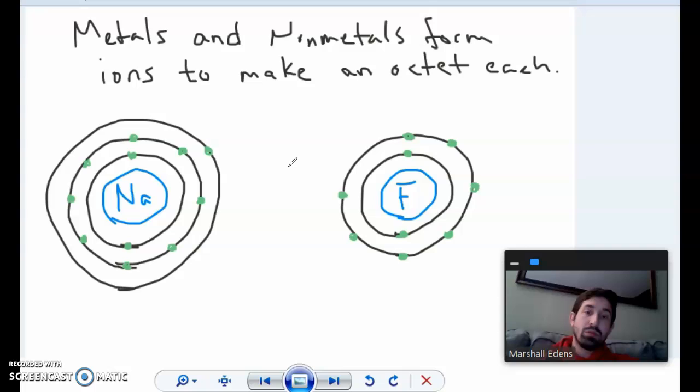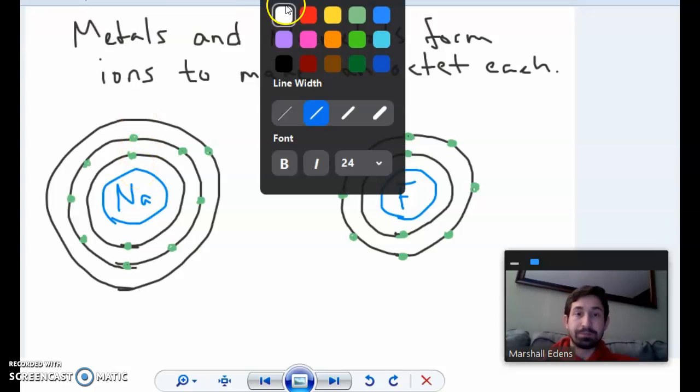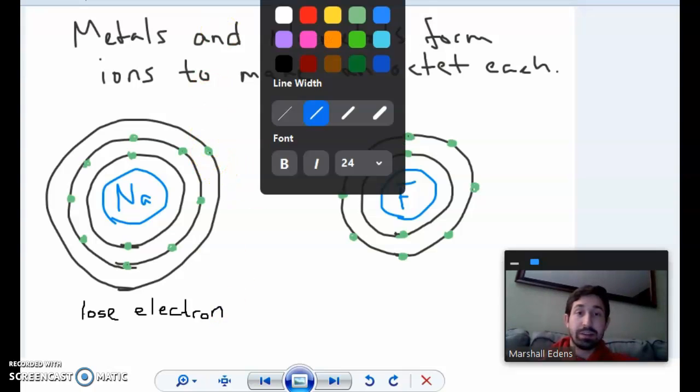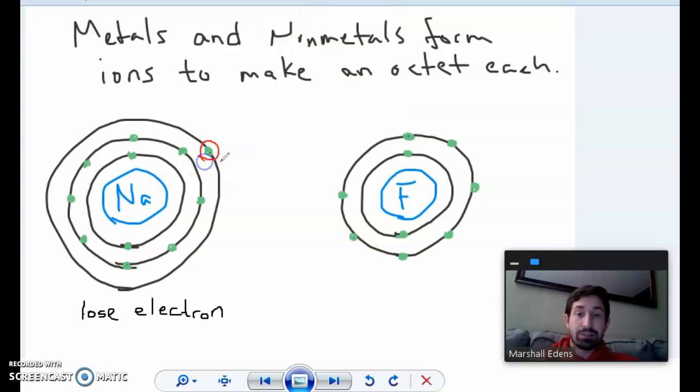Okay, so what's going to happen here is that the sodium, the metal, is going to give away, it's going to lose an electron. And you have to remember what charge electrons have, right? Electrons are negatively charged. So if you lose something negative, you will become slightly positive. So this electron right here, make sure you guys can track this. So this electron here is going to be given to fluorine.